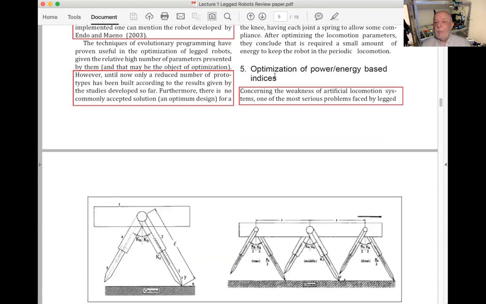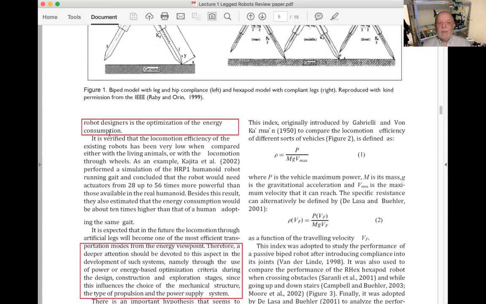And here's another example, where it's identifying a generic problem, no matter whether you use evolutionary techniques or others. Concerning the weakness of artificial locomotion systems in general, one of the most serious problems faced by legged robot designers is optimization of the energy consumption of the robot.